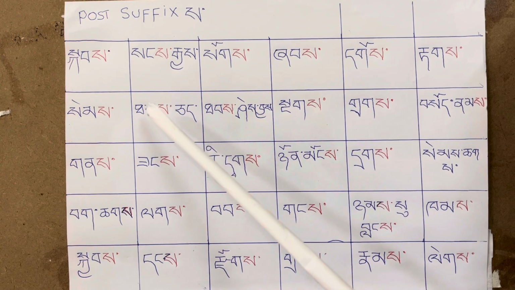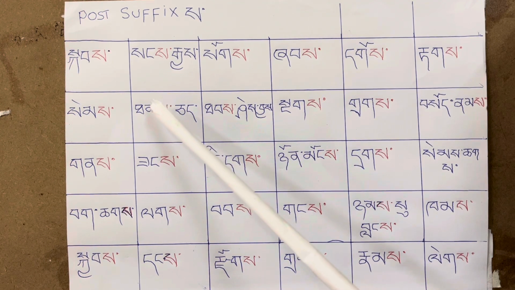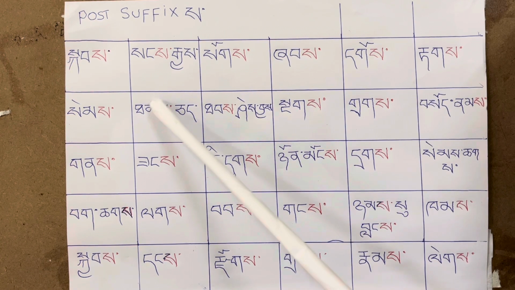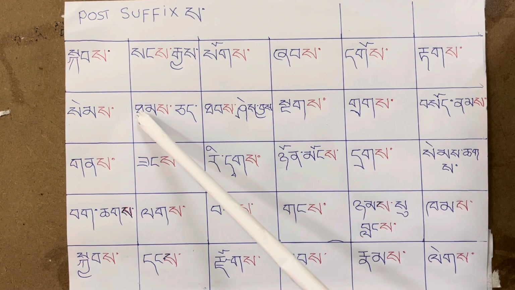Okay. If this is post suffix, then this should be root letter. And if this is root letter, this should be one of the 5 prefixes. Ga, da, ba, ma, ha. So tha is not one of them.